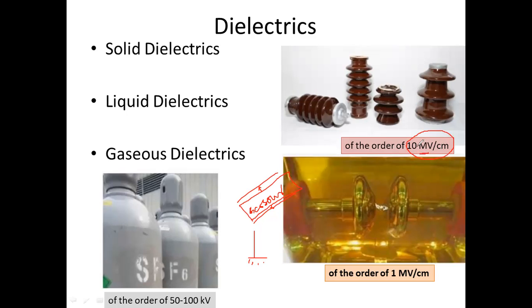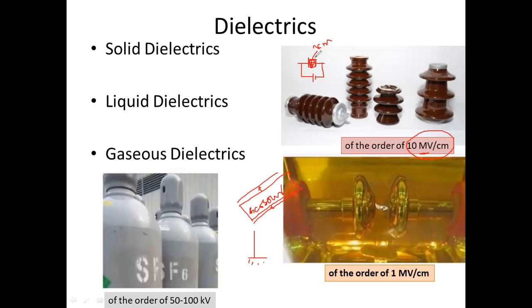If we apply 10 megavolt across a solid dielectric, for example this one, with the electrodes 1 centimeter apart, then after 10 megavolt a breakdown will occur for this dielectric.